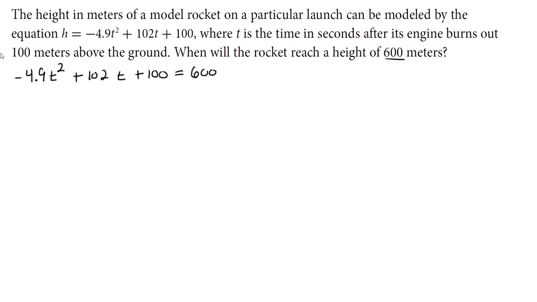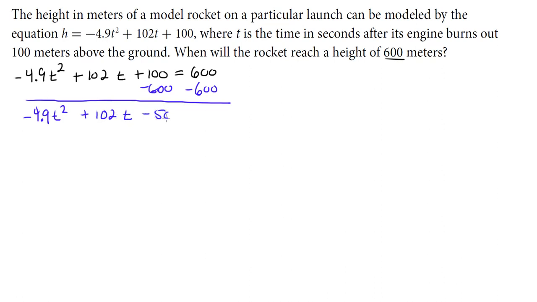And we need to set this equal to 0, so we have to subtract 600 from both sides. We get negative 4.9 t squared plus 102t minus 500 equals 0.